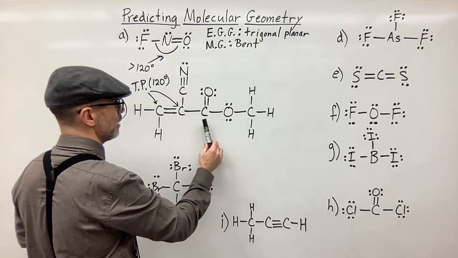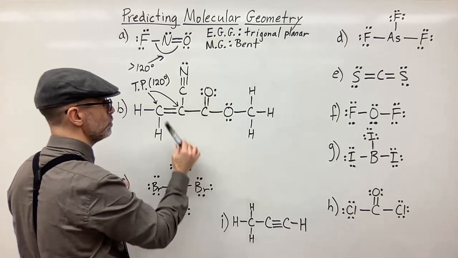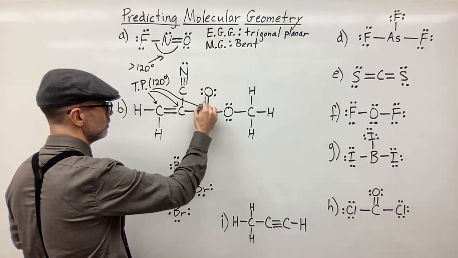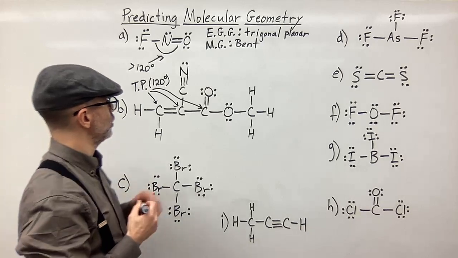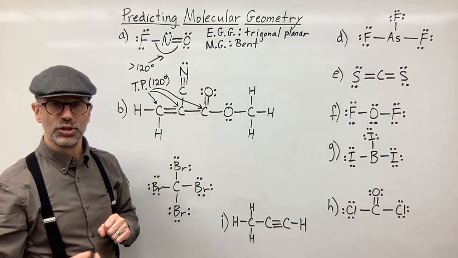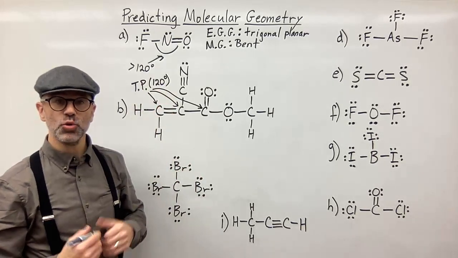And you could see the same thing for this carbon as well. 1, 2, 3 groups, no lone pairs. So again, this one is also going to be trigonal planar in its electron group geometry and its molecular geometry. And the bonding angles are going to be 120.